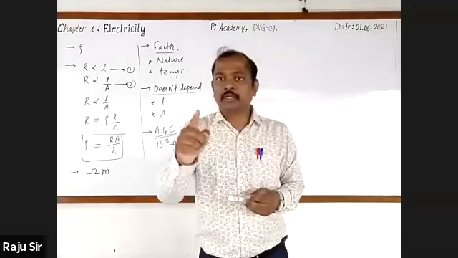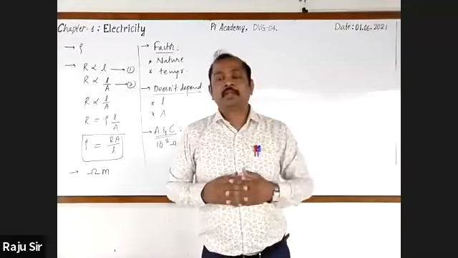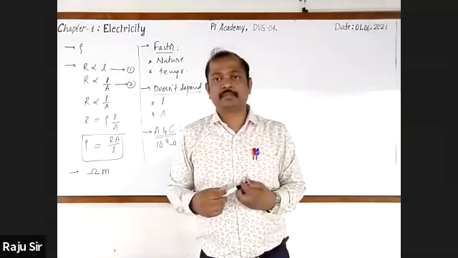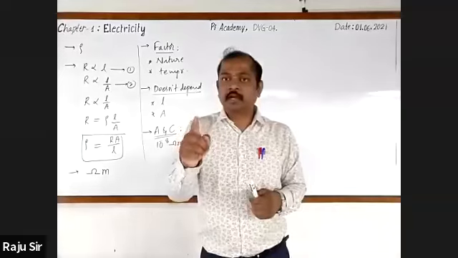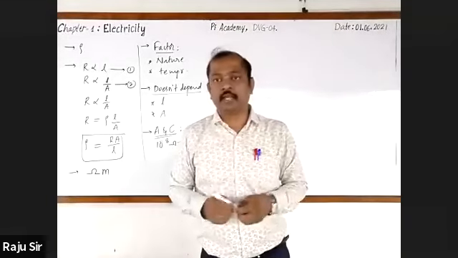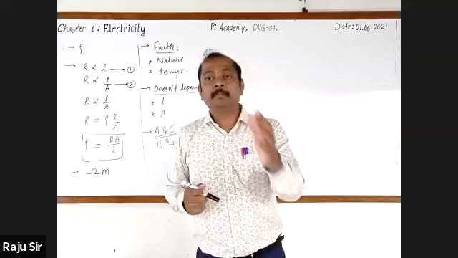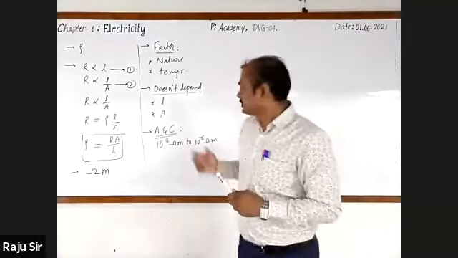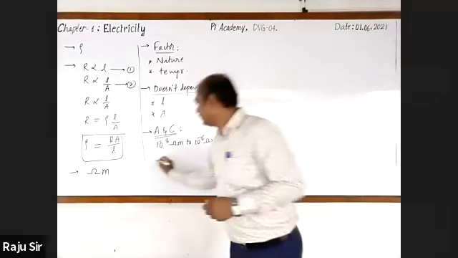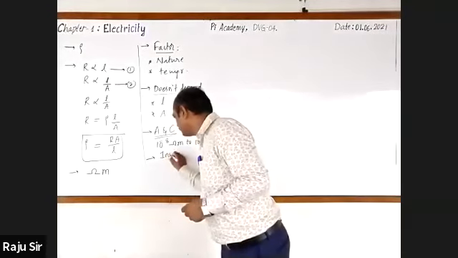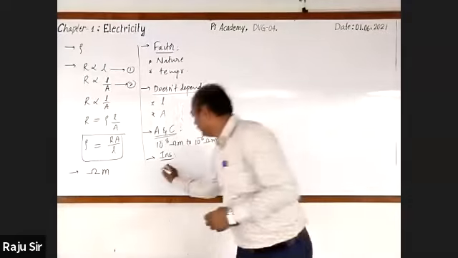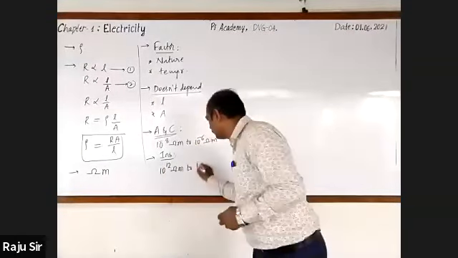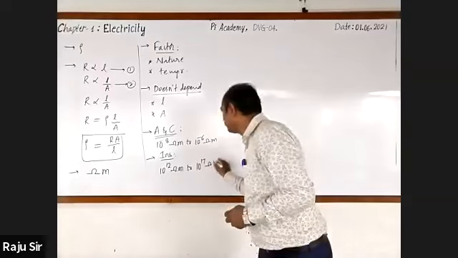You also know that an alloy is a homogeneous mixture of a number of metals, and the resistivity of the alloy is always greater than its constituent metals or conductors. Remember that one. Similarly, the range of resistivity of insulators is 10 raised to the power 12 ohm meter to 10 raised to the power 17 ohm meter.